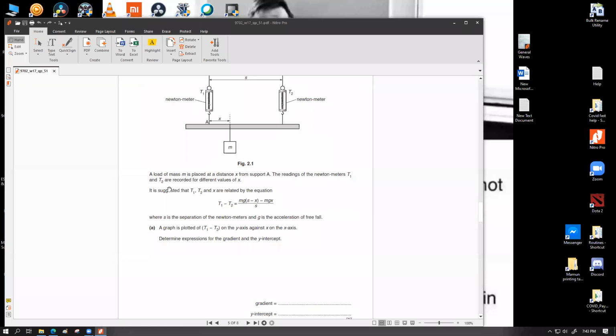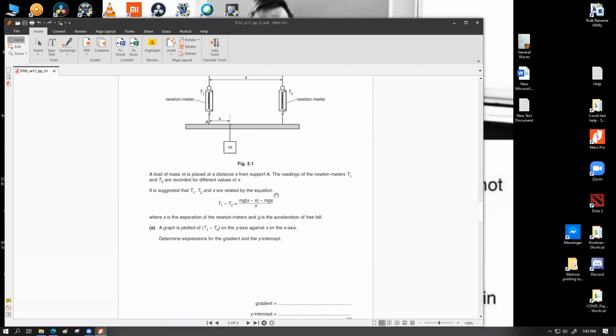A load of mass M is placed at a distance x from support A. The readings on Newton meters T1 and T2 are recorded for different values of x. It is suggested that T1, T2, and x are related by the equation T1 minus T2 equals mgs minus x minus mgx divided by s, where s is the separation of the Newton meters and g is the acceleration of free fall.